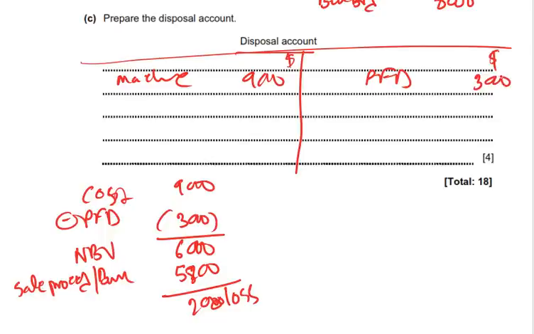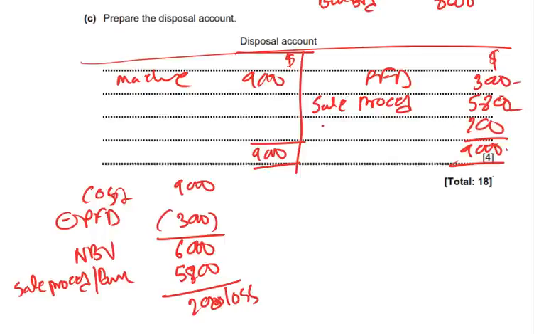Then sale proceeds on the credit side, which was 5,800. So you look for the balancing figure, which side is bigger. Your debit side is bigger, 9,000. We know the balancing figure is going to be 200. So from this 9,000, you take away this, 200. That is your loss. It goes into the income statement, profit and loss statement, as a loss.